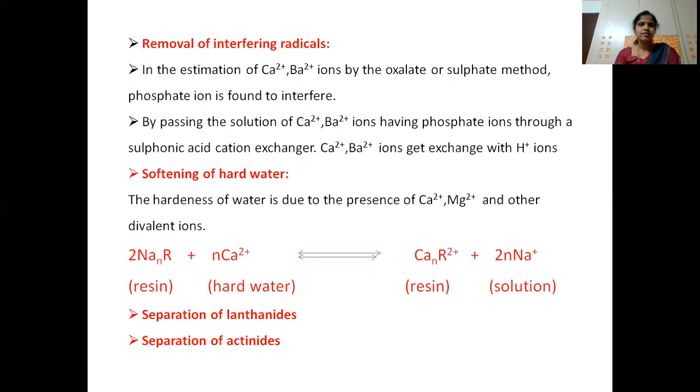So we have seen that in ion exchange chromatography, the basic principle is the exchange of ions. This exchange of ions takes place between the ions present in the sample and the stationary phase. Because of this exchange of ions, the separation is taking place. And the mobile phase used is the buffer solution.